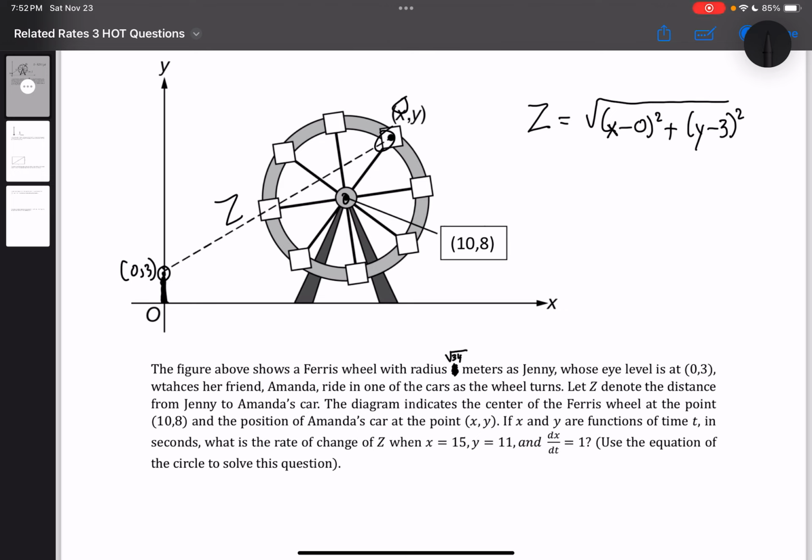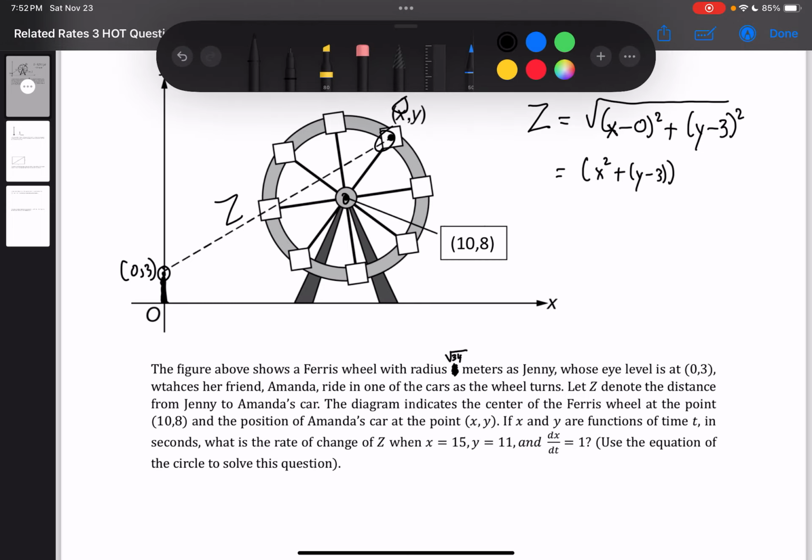Now we can easily find the derivative of all of this because this can be written as x to the power of 2 plus y minus 3 to the power of 2, all of it to the power of half. That is basically equal to our z.